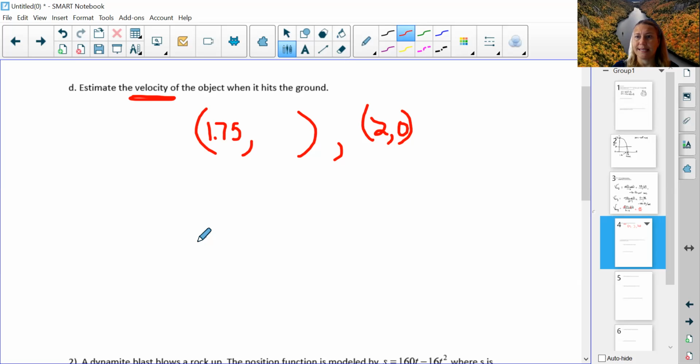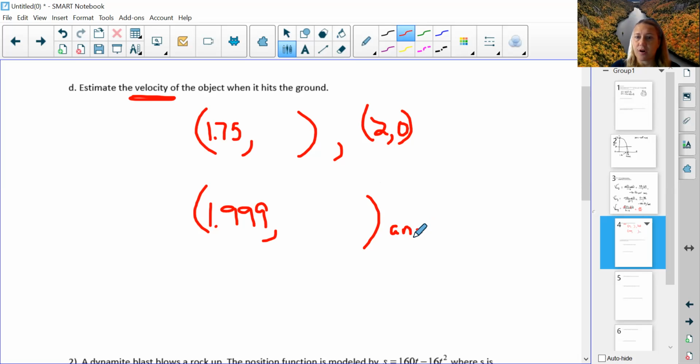Well, what about 1.9999? This should remind you of our talk about limits, because we could ask how close to 2 can I get. I can just keep adding more and more 9s. So if I want to pick a point really close to 2, I could pick something like 1.9999. That could be my second point.